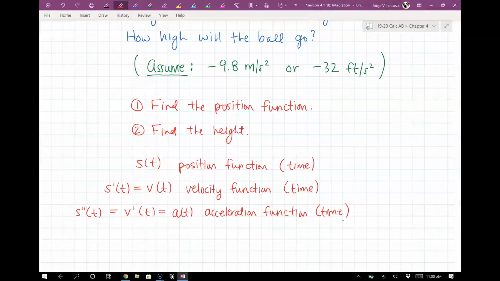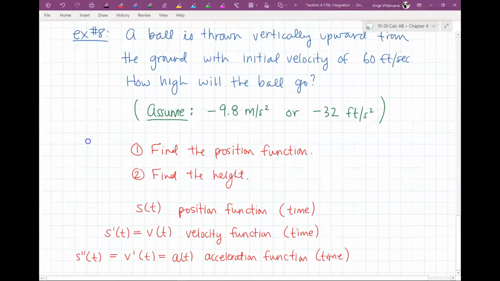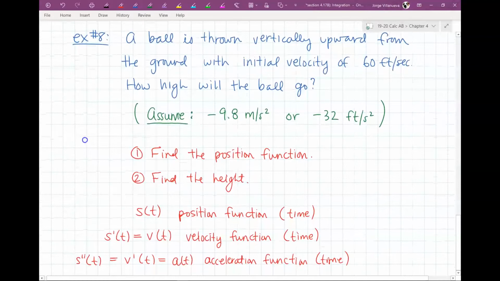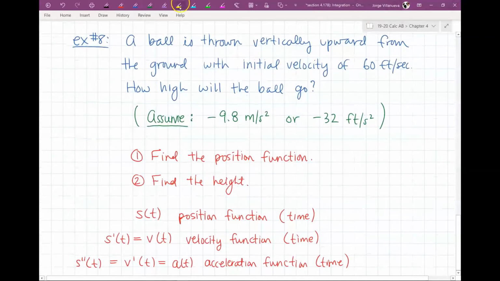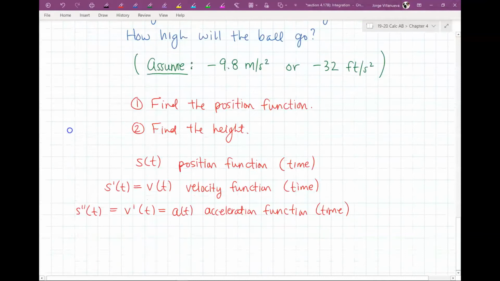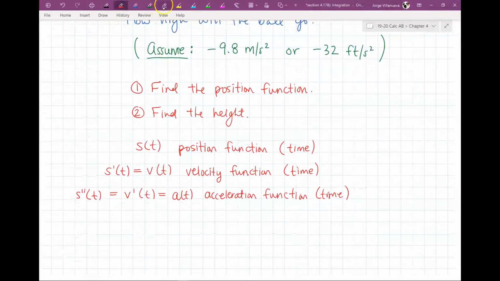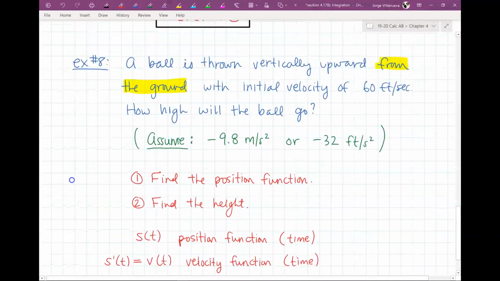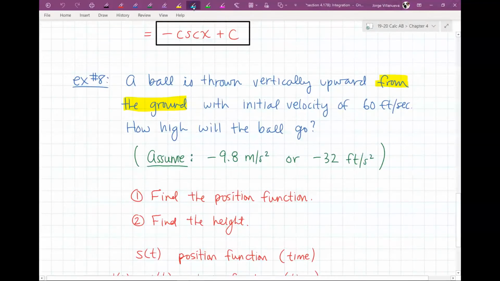Okay, there's just two little things that we know. According to the problem, I know where we started, right? A ball is thrown vertically upward from the ground. So what's my initial position? It's 0, right? So my initial position, let's say S of 0 is 0. In other words, when time was 0, my height was 0. So S of 0 is 0. What else do I know? They say it has an initial velocity of 60.